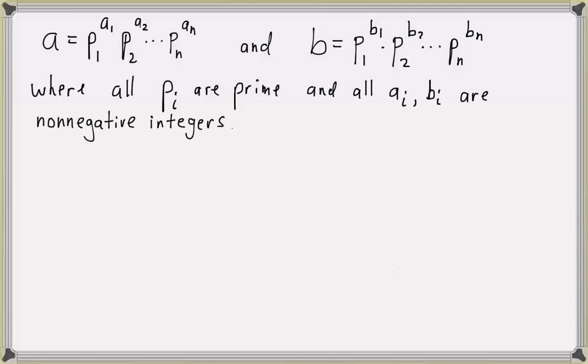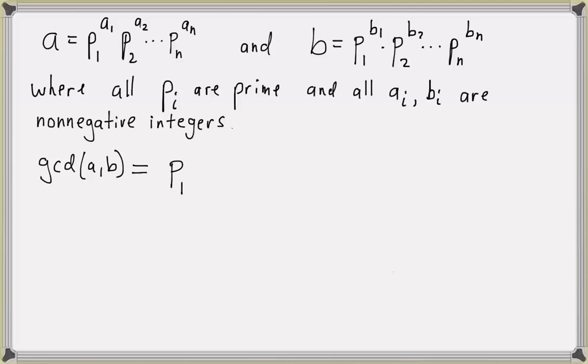then I can write the greatest common divisor of a and b as p1 to the power, which is either going to be a1 or b1, whichever one is smaller.